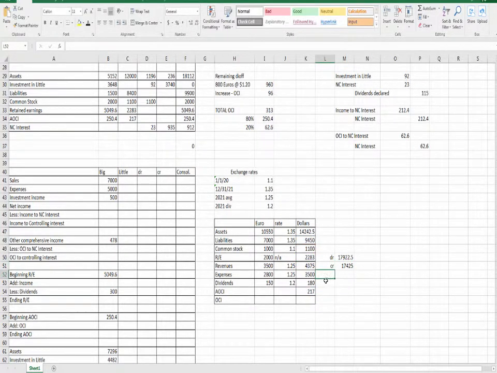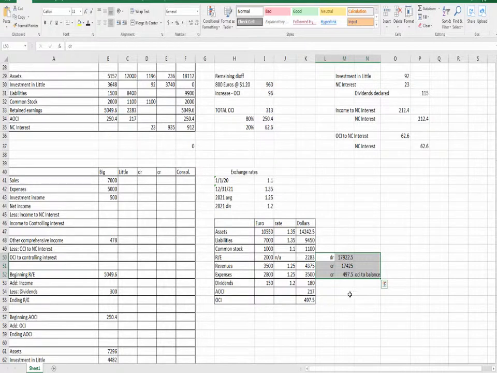So to make this thing balance, again, debits of $17,009, credits of $17,425. So to make this thing balance, we're going to need a credit of $497.50. And again, that's a credit, so I'm going to treat that as a positive number.